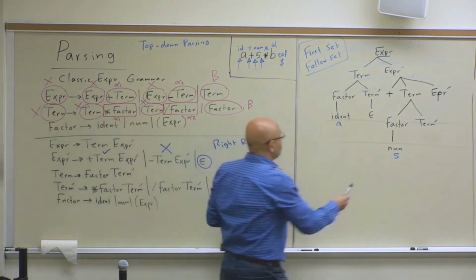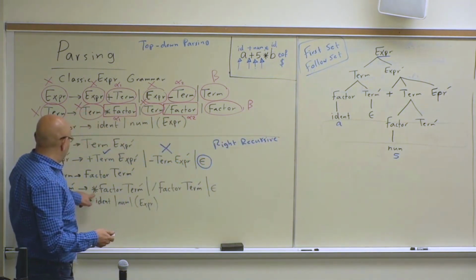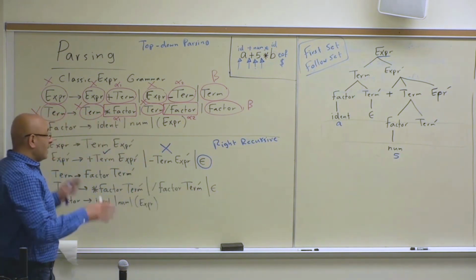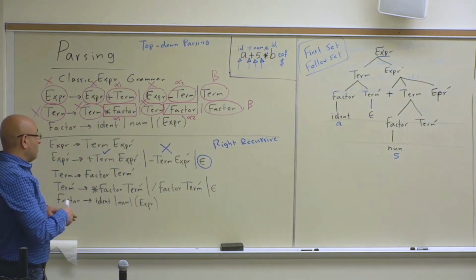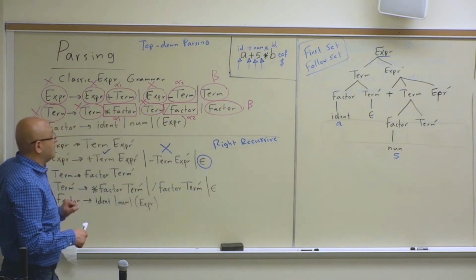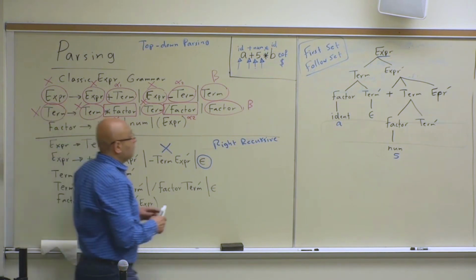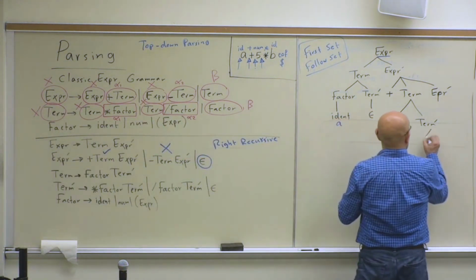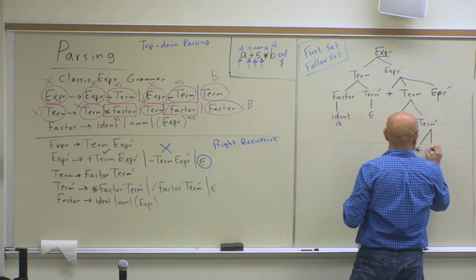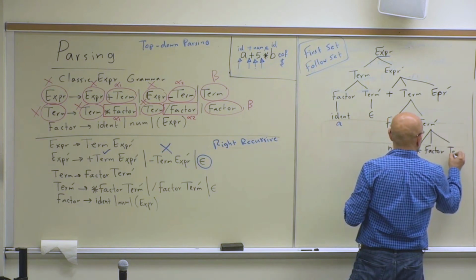Now for a term prime, I have something that starts with multiply, divide, and epsilon. Again, for the epsilon, I have to do some further analysis to determine if the epsilon is valid or not. But in this case, it's not valid. So it's the multiply. So I have multiply, factor, term prime.